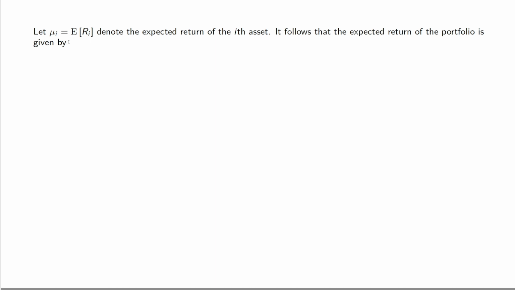So how do we find the expected return of the portfolio? Well, the expected return of Rp is equal to the expected value of that sum. Remember, Rp, the random variable, is the sum of the weighted allocation of all the individual assets. Now we know how expectation works: the expectation of a sum of random variables is the same as the sum of expectations.